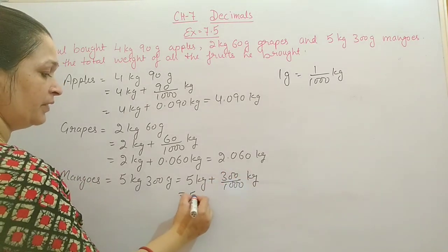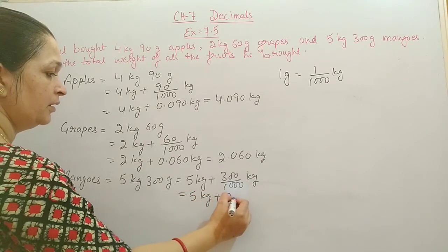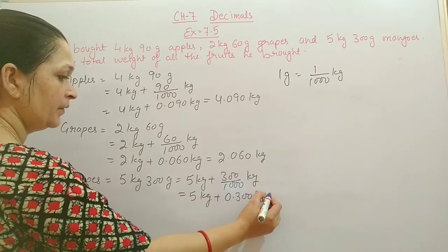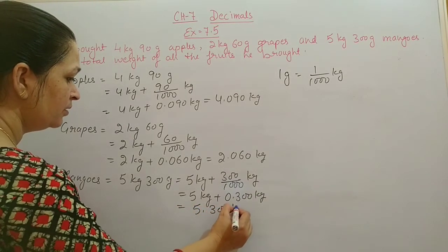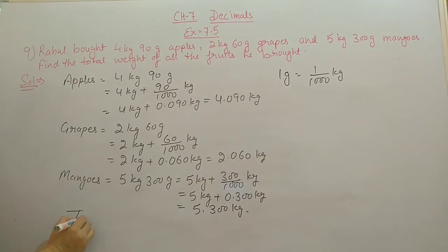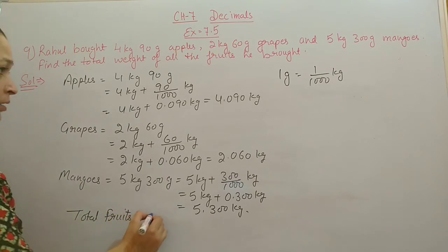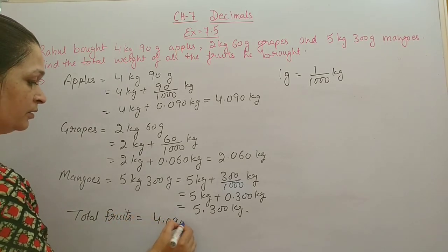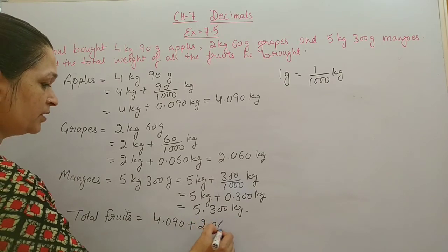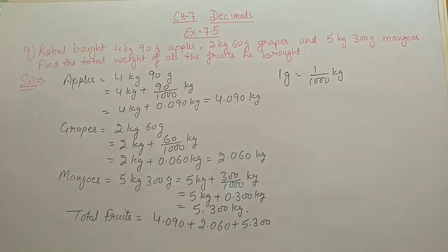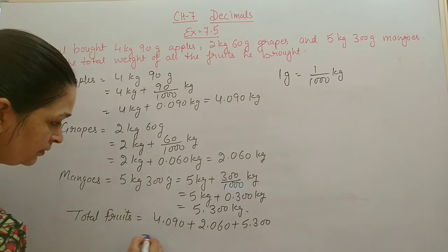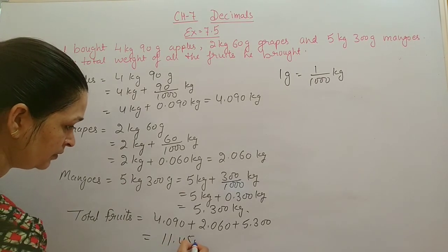It will become 5 kg plus 0.300 kg. After addition, we will get 5.300 kg. So total fruits are 4.090 plus 2.060 plus 5.300. After addition, we will get 11.450 kg.